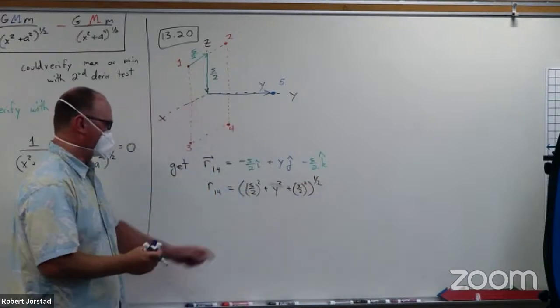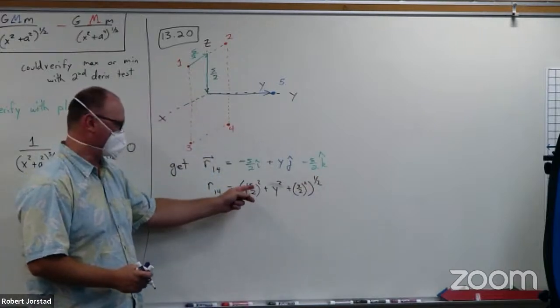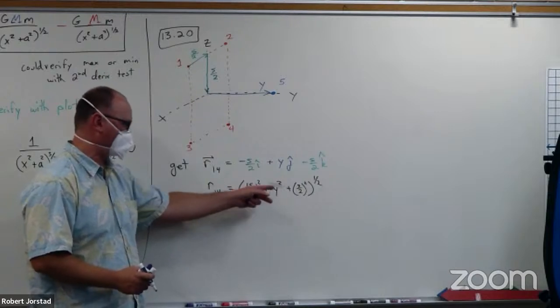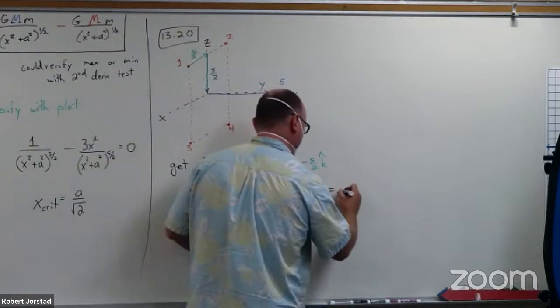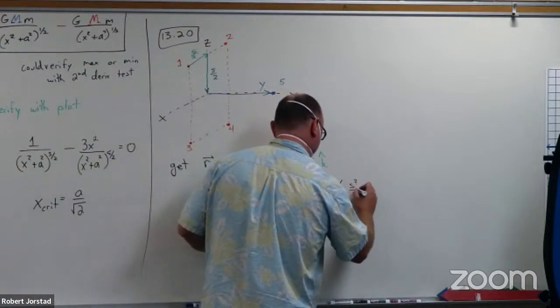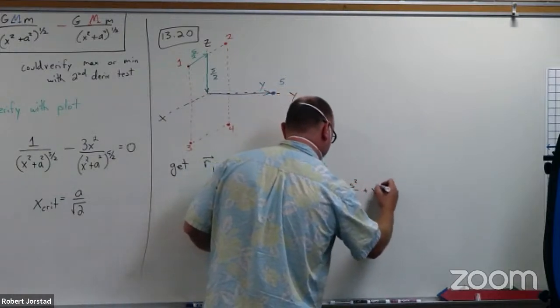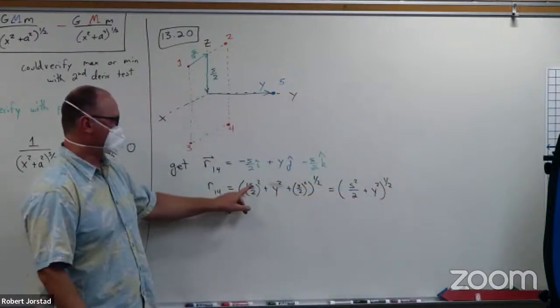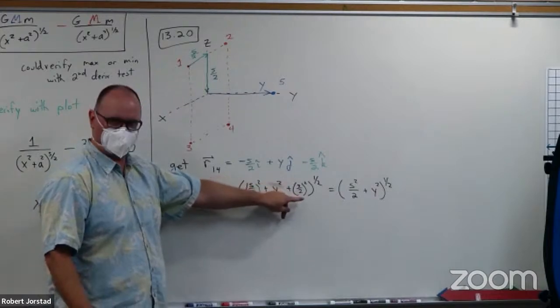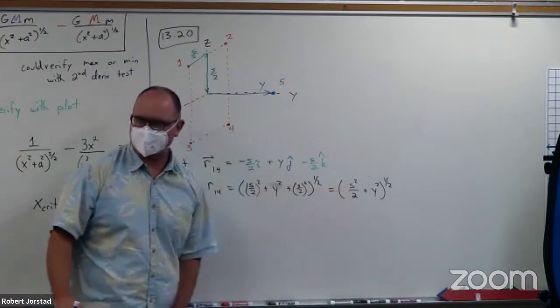Notice it's not going to be S squared. It'll actually be S squared over 2, because you get S squared over 4 plus S squared over 4. So again, you get an S squared over 4 plus S squared over 4. 2 of those together makes a half.